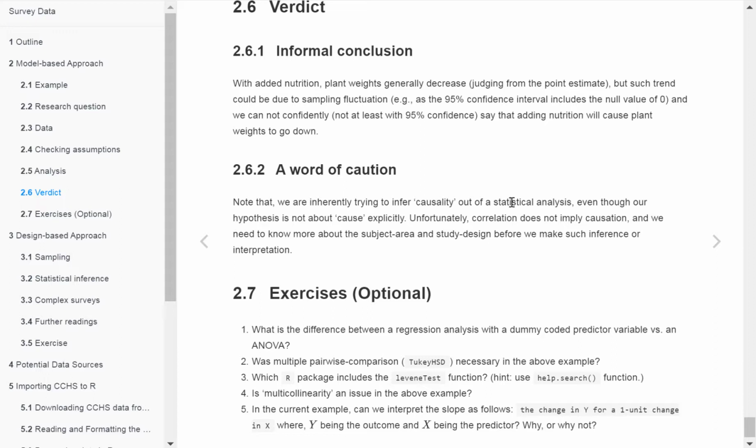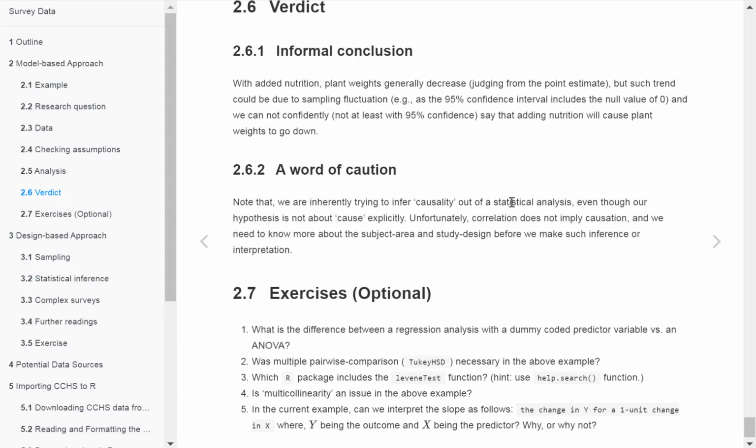So even though we are trying to get the answer whether they are different or not, we are inherently having this causal question of whether giving fertilizer or nutrition to the plant is helpful or harmful to the plant or not.